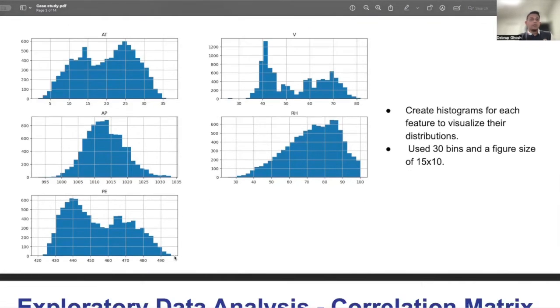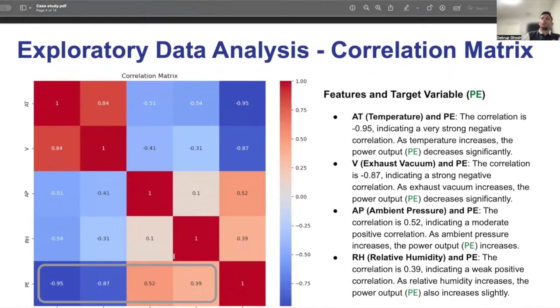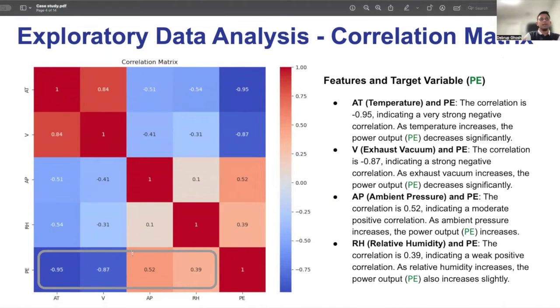What I also like to do is look at the relationships between the variables. If you focus on the bottom of my screen, PE versus all the other four is captured over here. Clearly we can see that with the temperature, there is a strong negative correlation, which means the graph is going down from the top to the bottom.